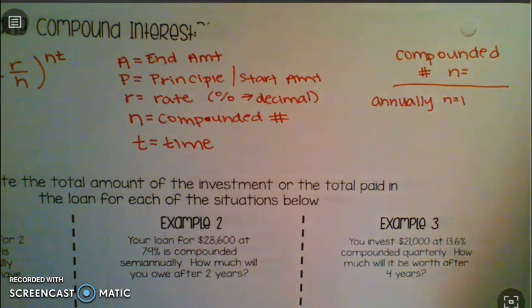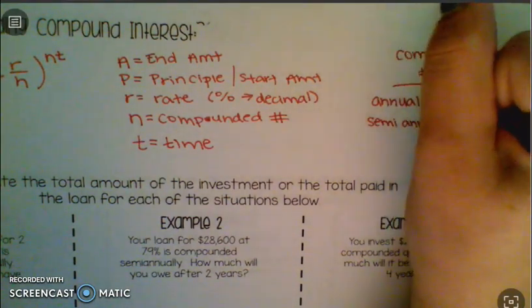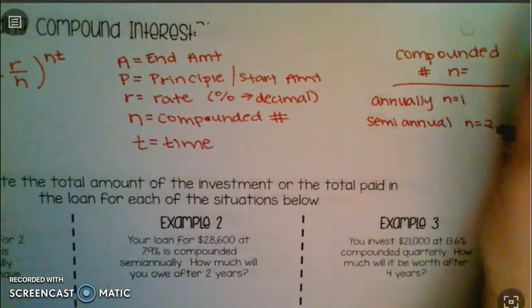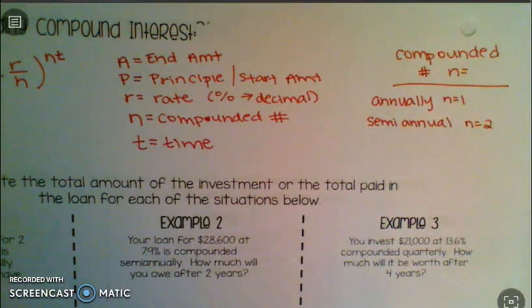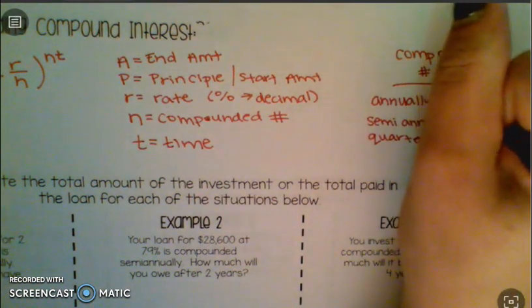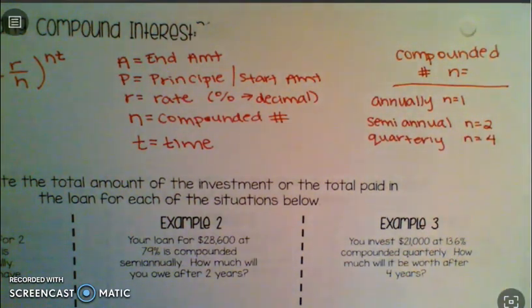If you have a semi-annual sale, semi-annual sales happen twice a year. So N is going to equal 2. You could also have quarterly, which is 4. There's 4 quarters in a year.